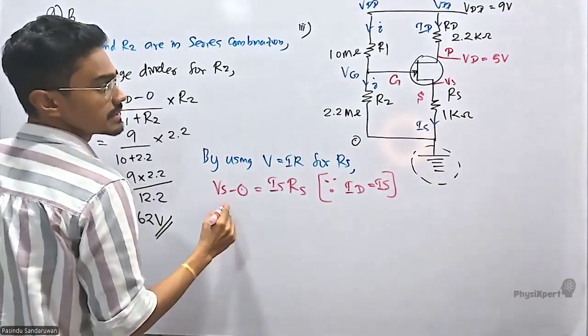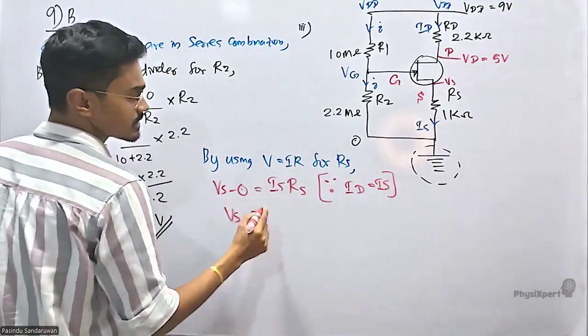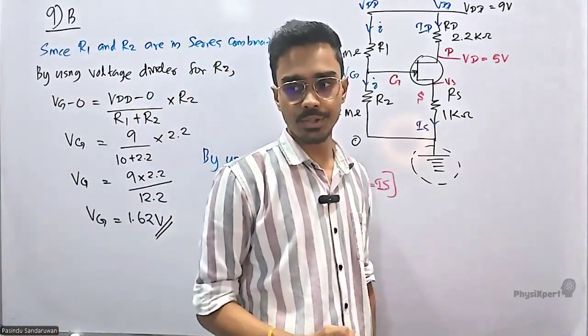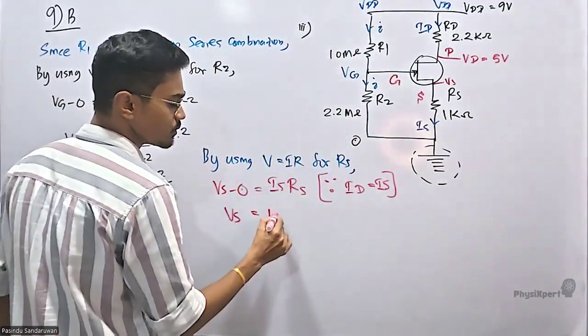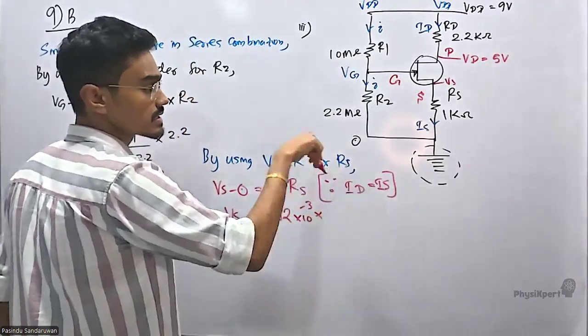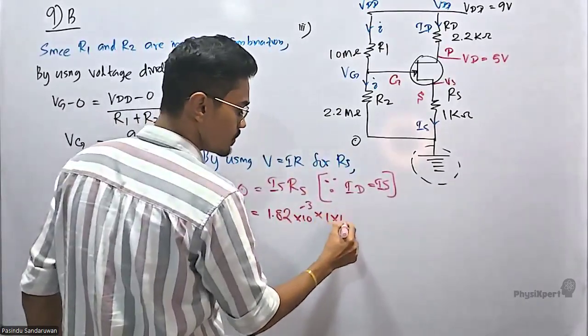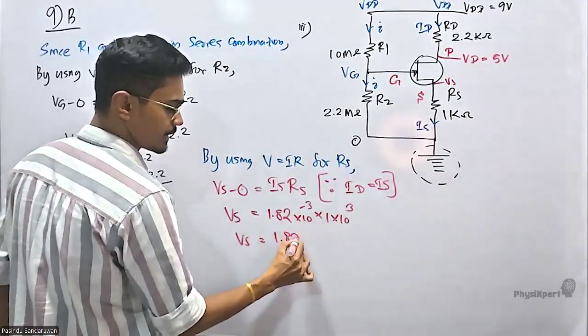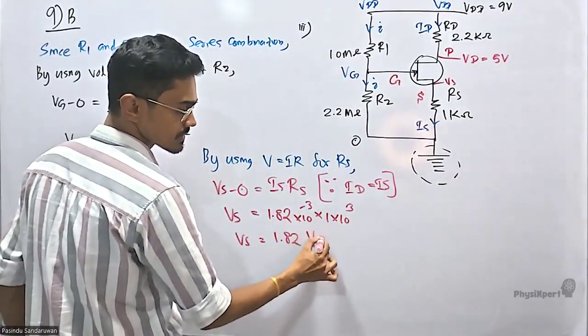Then Vs equals Is, which was 1.82 milliamperes, 10 to the power minus 3, into Rs. Rs is 1 kilo ohm, 10 to the power 3. Which means Vs equals 1.82 volts.